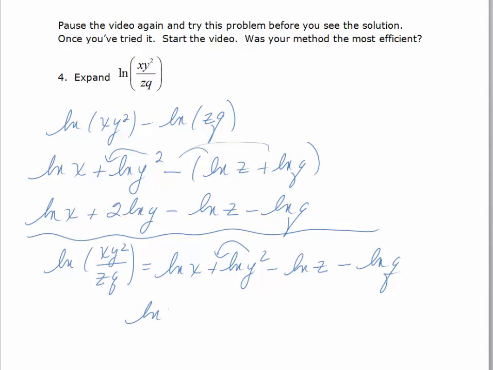So we have the natural log of x plus 2 times the natural log of y minus the natural log of z minus the natural log of q.